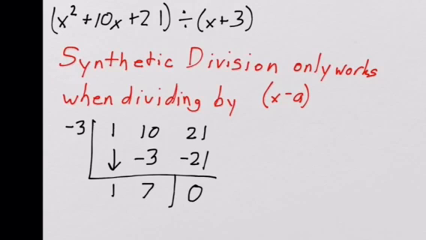Now you notice that I drew a little bit of a line before that term because that's to separate the quotient from the remainder. So we can read this off doing the same thing. The spot immediately to the left of that line is going to be the constant term, so the one without an x.